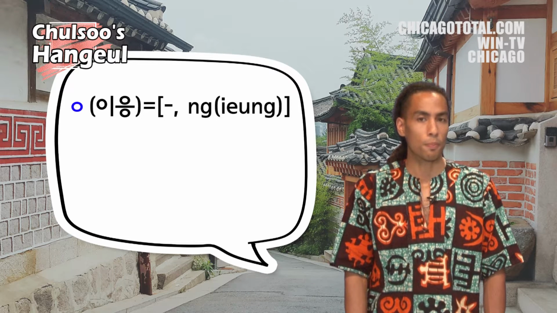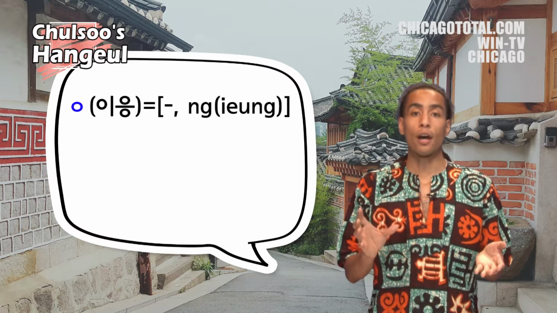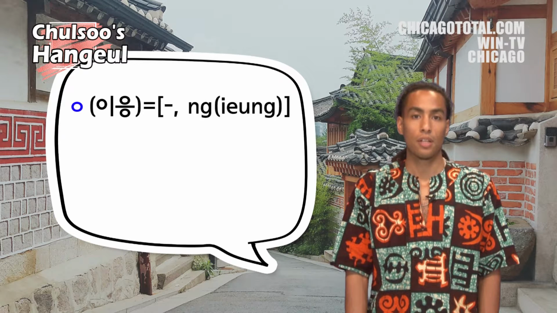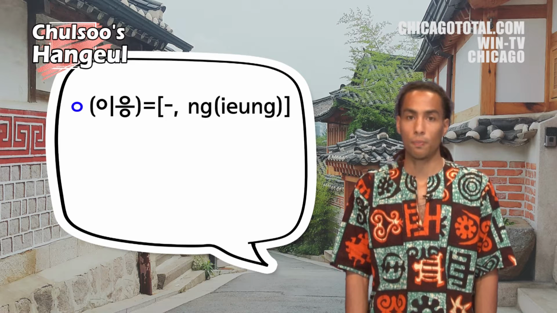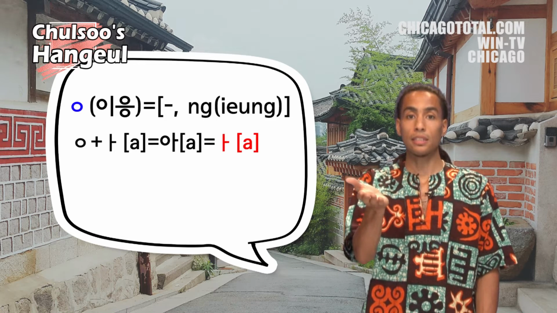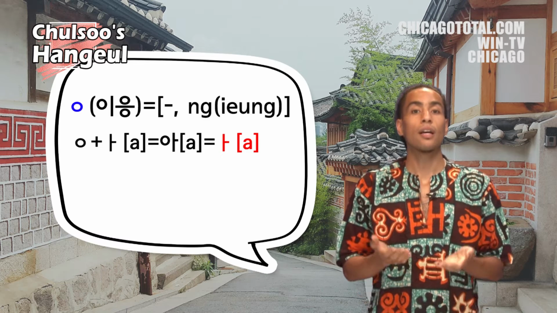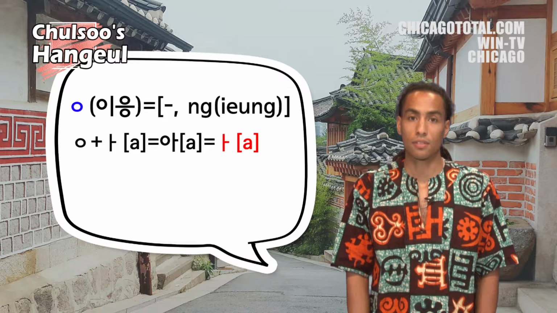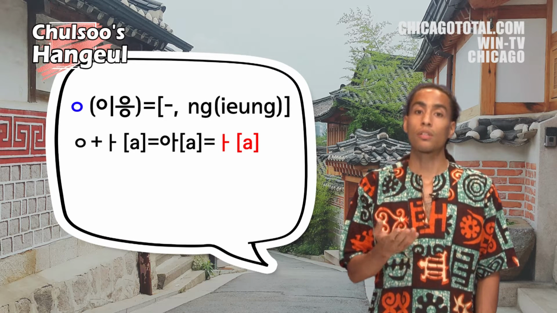Let me explain. First, 이응, when you connect it with a vowel, 이응 actually isn't pronounced. For example, you learned ah 2 episodes ago. So if you put 이응 and then ah, you just pronounce it ah, simply. 이응 is not pronounced. So here's another example. Last week you learned all.